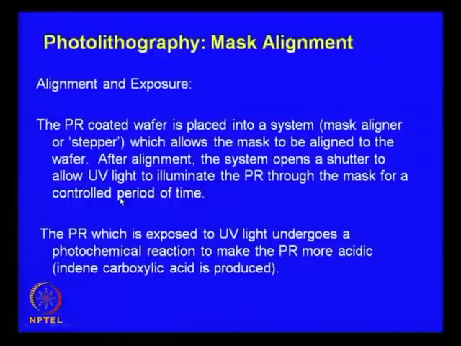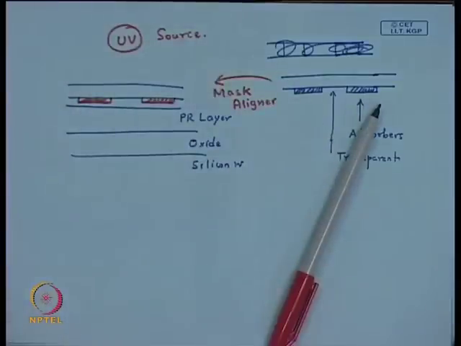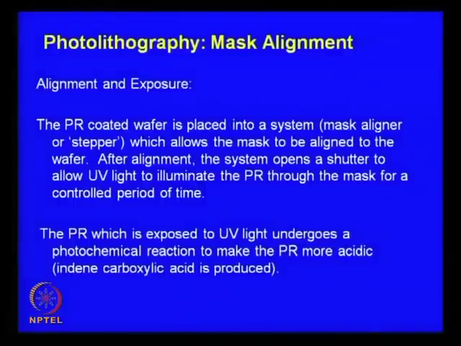So, you have the UV light source, it is exactly like a camera. Once the mask aligner has been aligned with respect to the photoresist layer or the photoresist film, then you open the shutter.